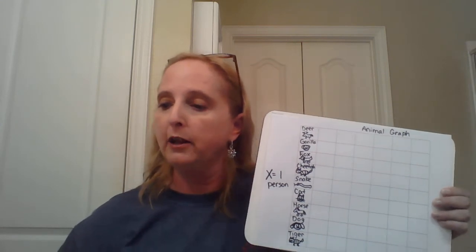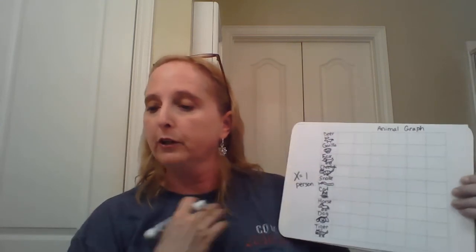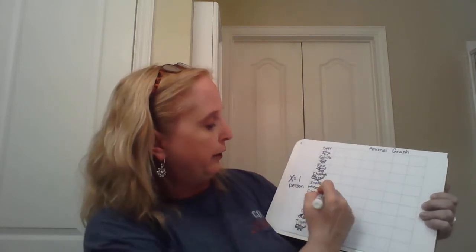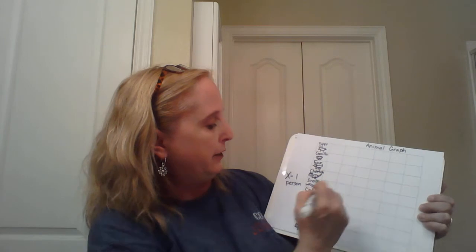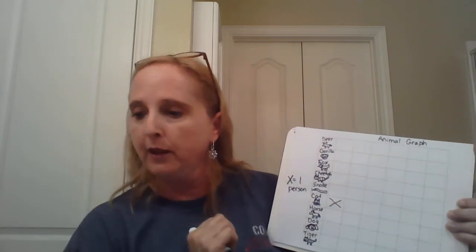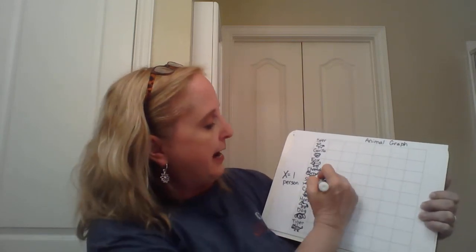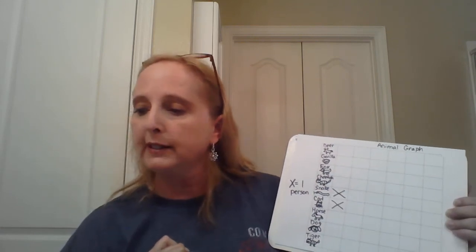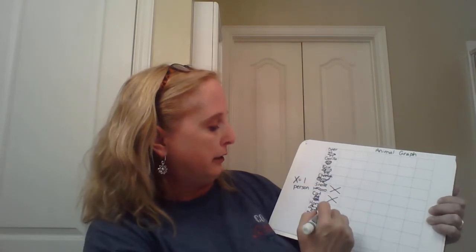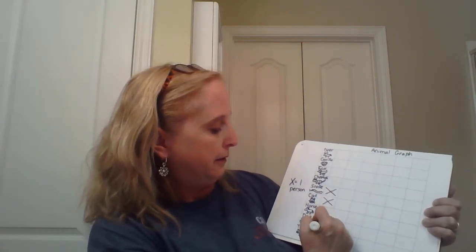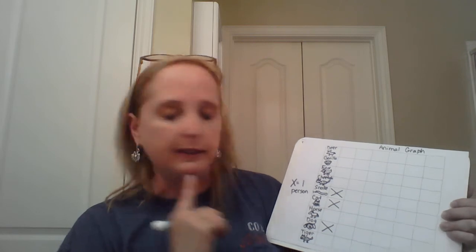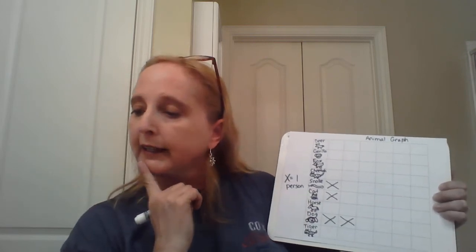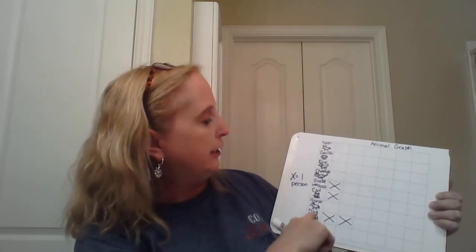So I'm going to look over here at my paper and we're going to see. Chloe said she likes cats and dogs, so we're going to go with cat because we really need one choice. So we put an X there. Grayson said he likes a snake. Marissa said she likes a dog. Zinnia said she likes a dog. Cassidy said she likes a cheetah.